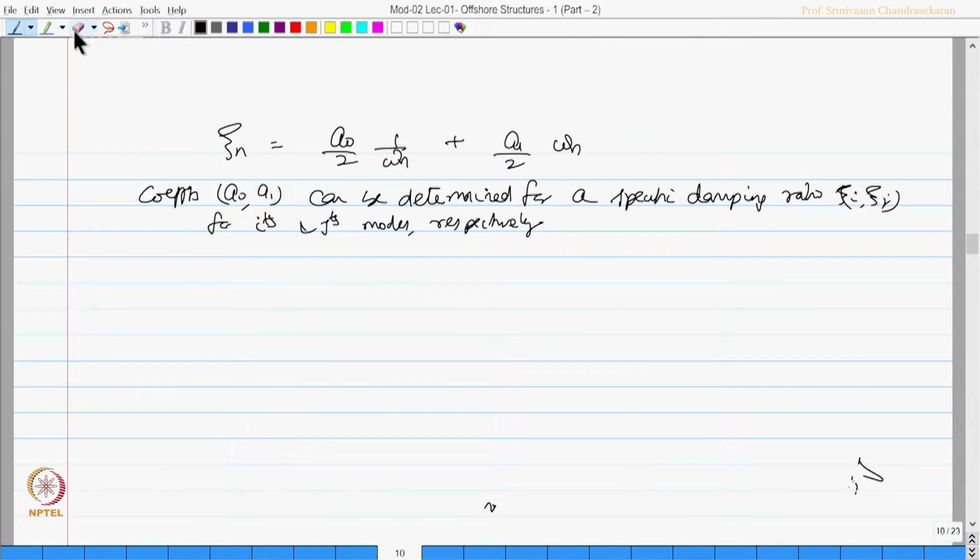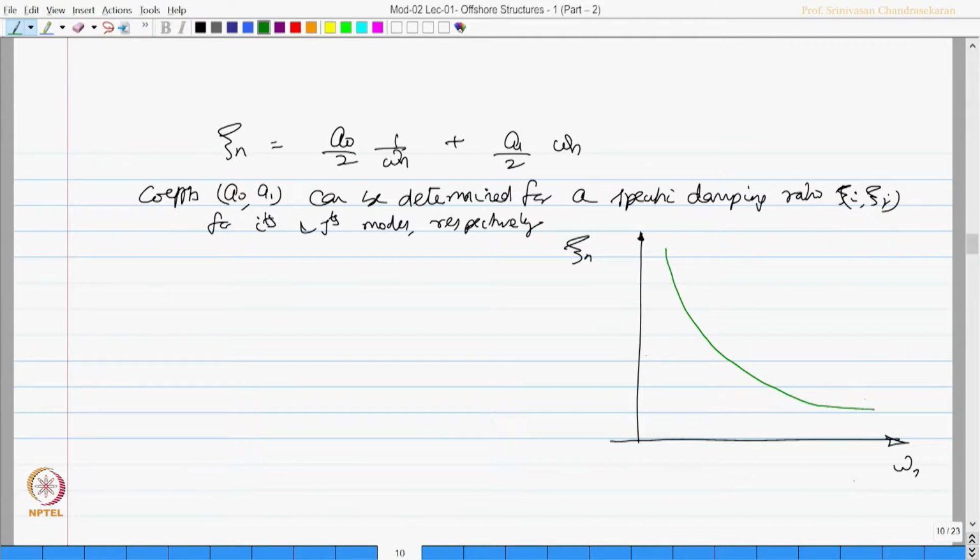So, now the damping will look like the plot as shown. The original damping, which is mass proportional, is plotted against omega n, and this is zeta n. The mass proportional damping looks inversely proportional to omega; I should say C is equal to A0 m.